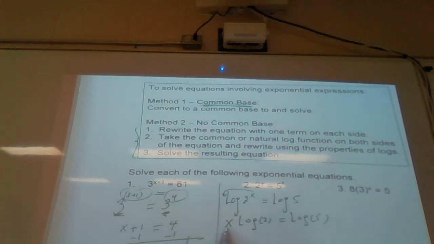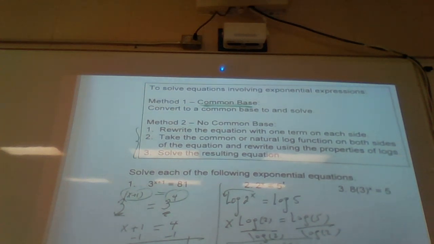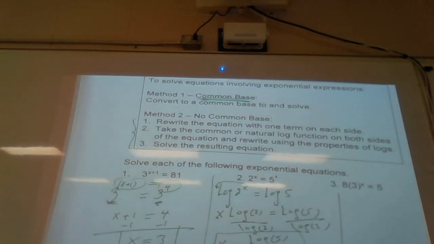Since I'm solving for x, log of 2 is just a number, so I'm just going to divide through by the logarithm of 2. And there's my answer: x is equal to the log of 5 over the log of 2. We can put that on the calculator and find that out. But that's how you do it.